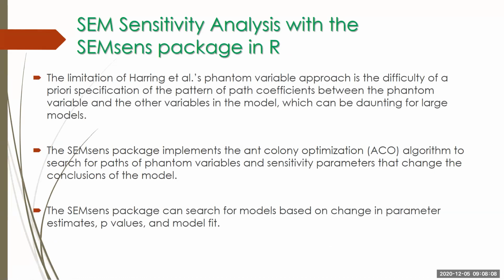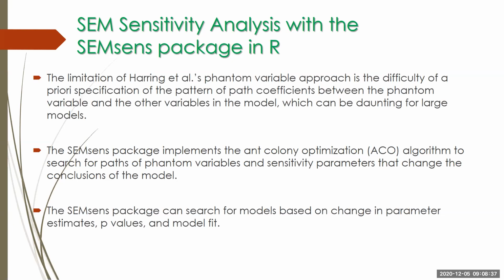Now, there is a more complex approach available in the SEMsens package in R, where it overcomes a main limitation of the Herring-McNish-Hancock approach. So in the filter variable approach, you have to specify different values of the sensitivity parameters.